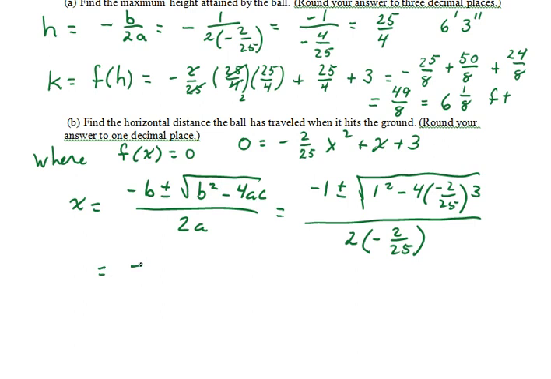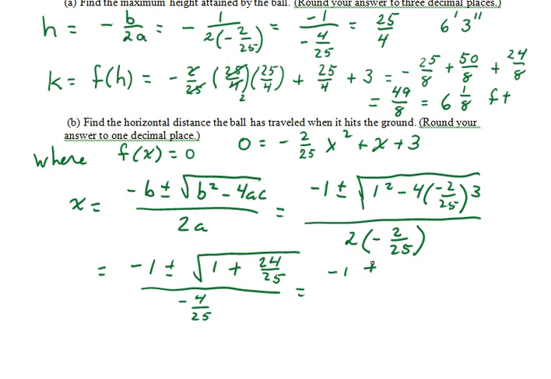So, -1 plus or minus the square root of 1 plus 12 times 2 is 24/25, divided by -4/25. -1 plus or minus the square root of 49/25.